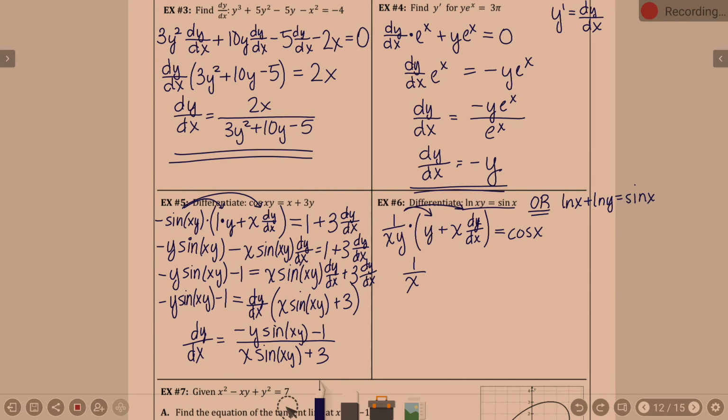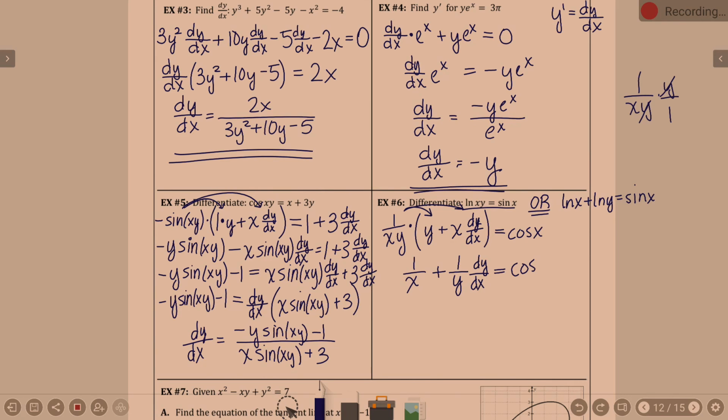Plus x times 1 over xy times dy/dx, which is 1 over y dy/dx. Do we need the 1 over xy times y? The y's cancel, there's my 1 over x. Same type thing happened on the next one. Equals cosine x.